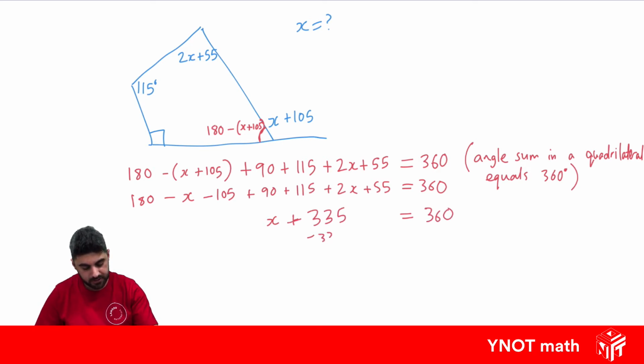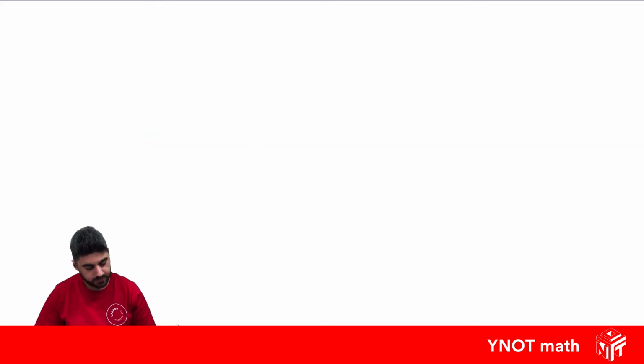Minus 335 from both sides. So x is going to be 25 degrees. Let's have a look at another shape.